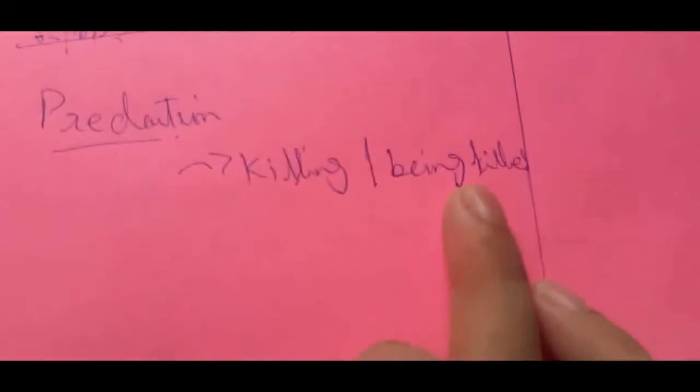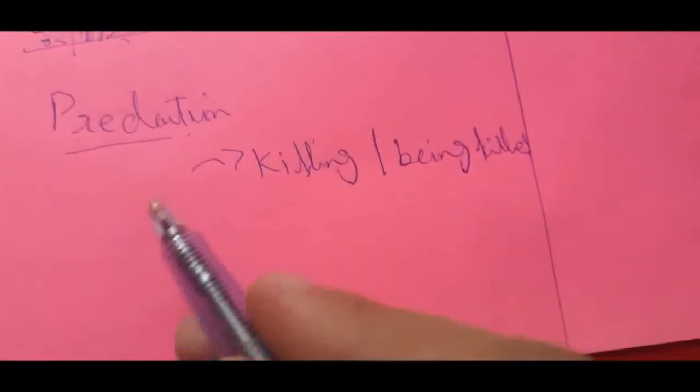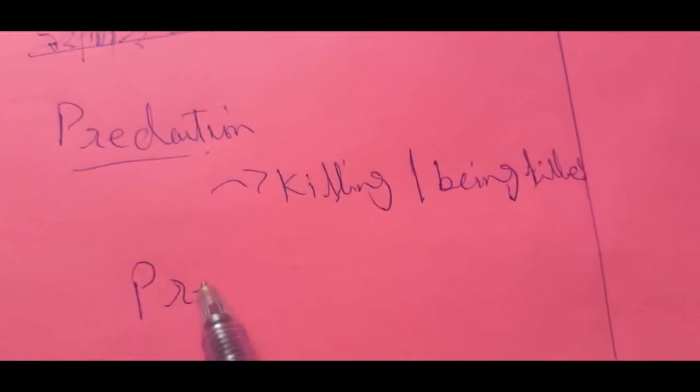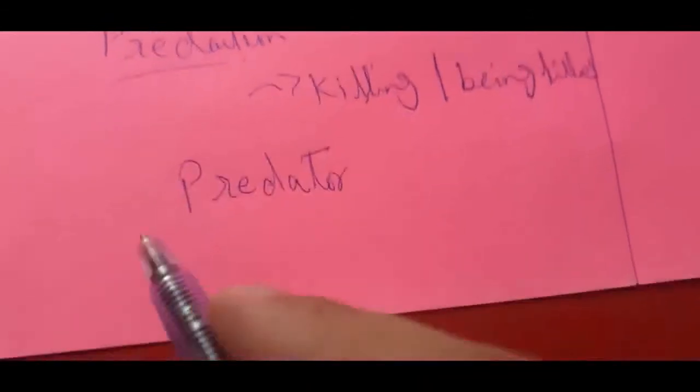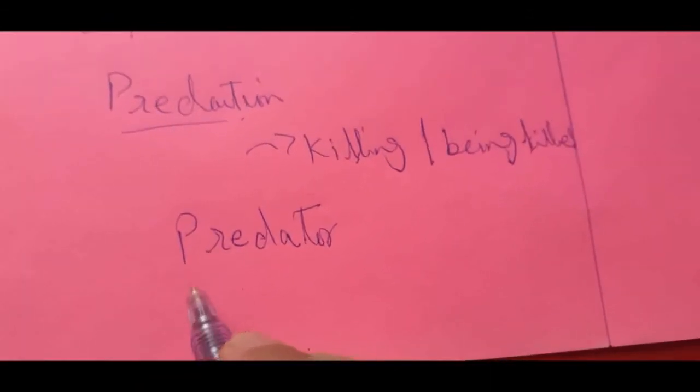It always happens between two different species or two different populations. What happens here? In this case, there are two main organisms. One is the predator and the other one is the prey.